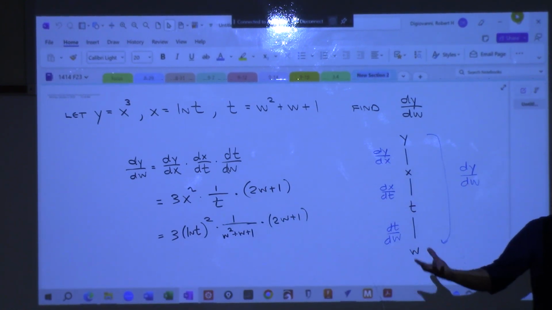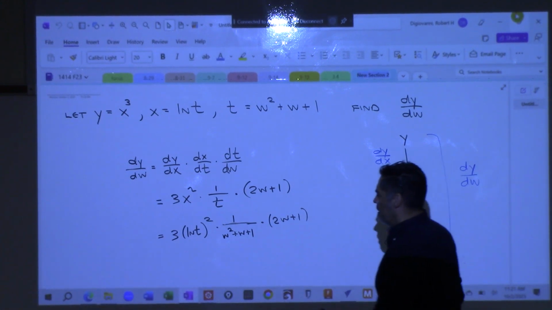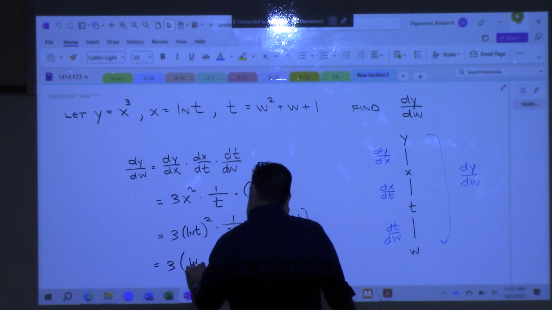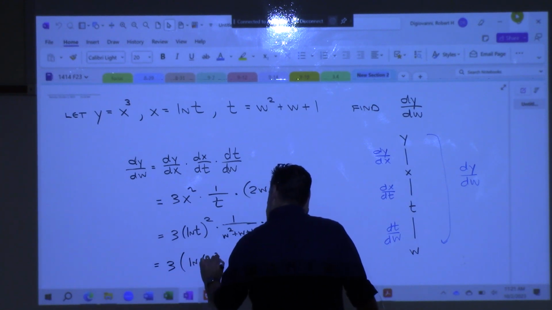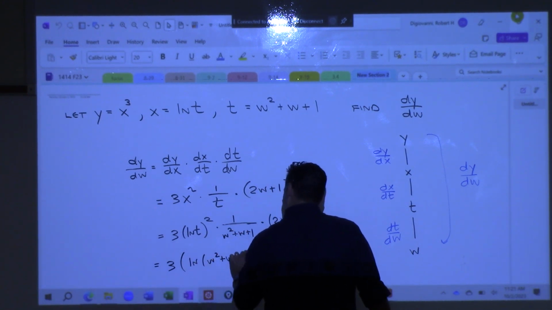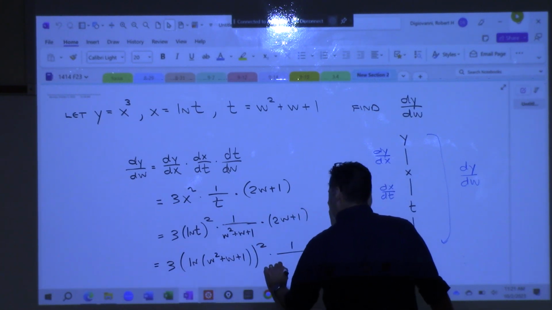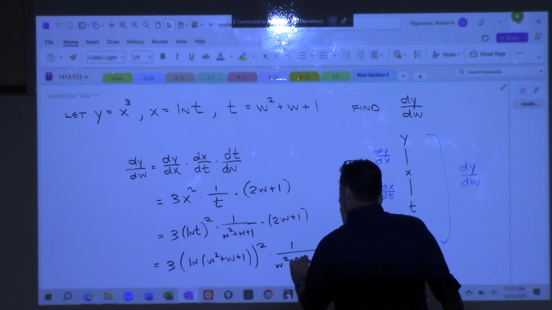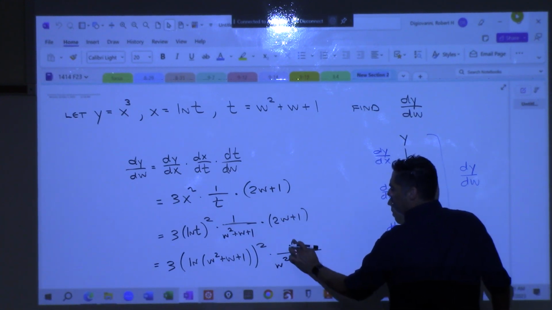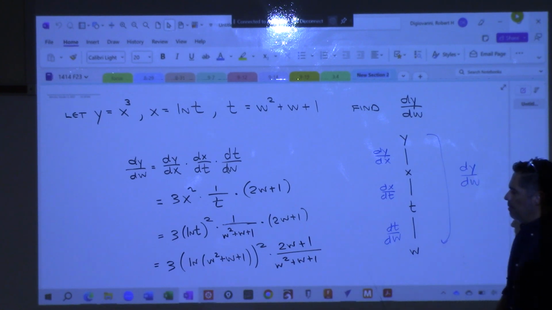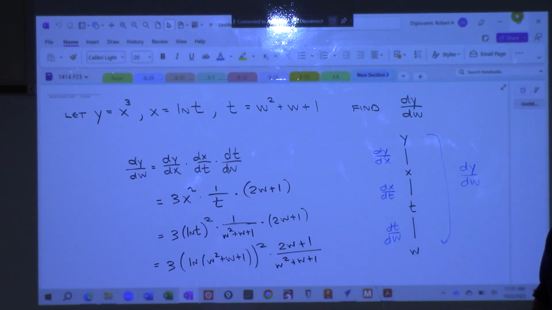And then everything will be in terms of w. 3 natural log of w squared plus w plus 1, all of that squared, times 1 over w squared plus w plus 1. Let me go ahead and take this 2w plus 1 and slide it on top here. There we go. That would be your derivative.